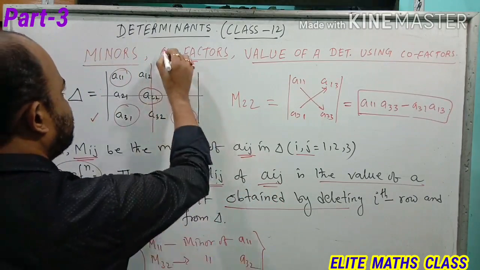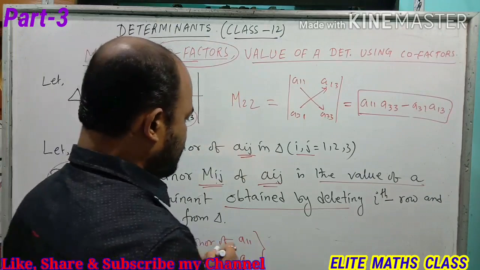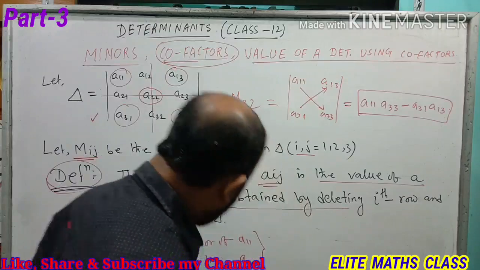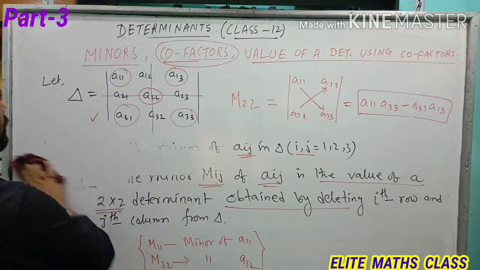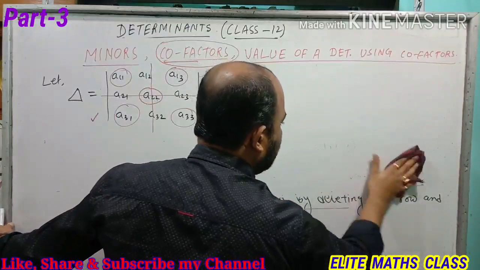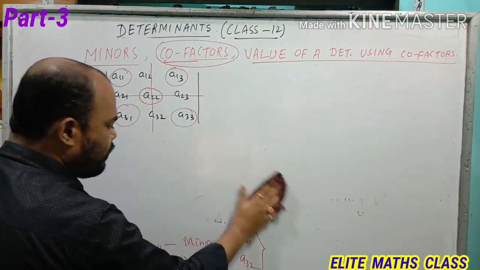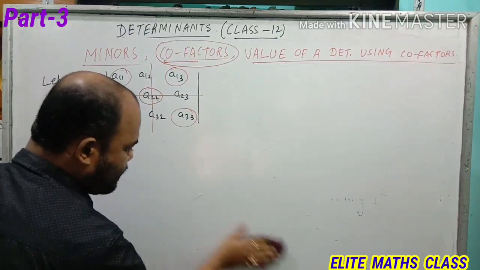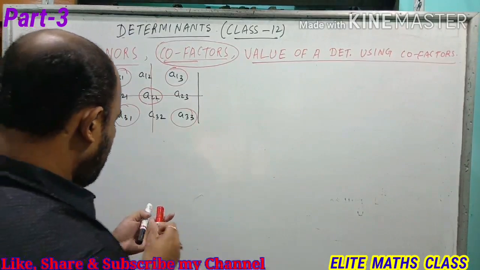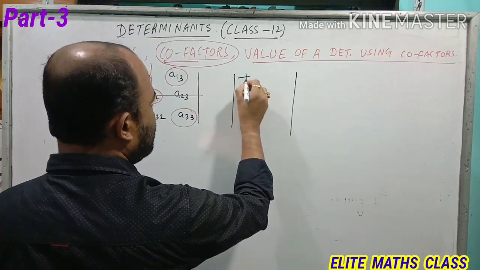Now let us see what is cofactors. For this, first we have to know the minors. This is already known, I just explained and gave the definition. Now how to find cofactors, or what is cofactors? In my previous videos I discussed the rule of sign of a 3 by 3 determinant.